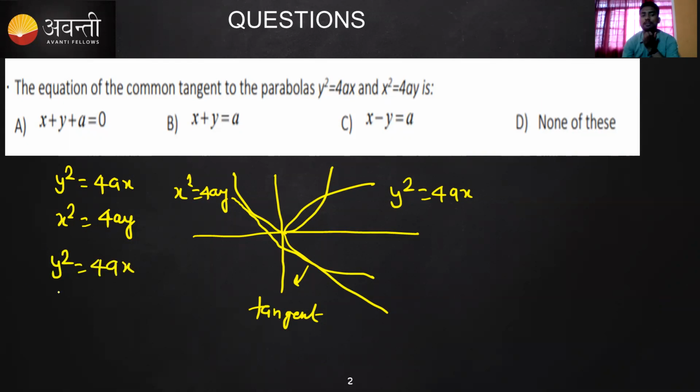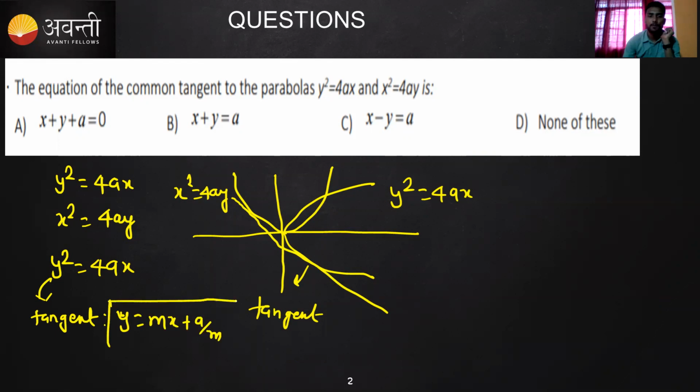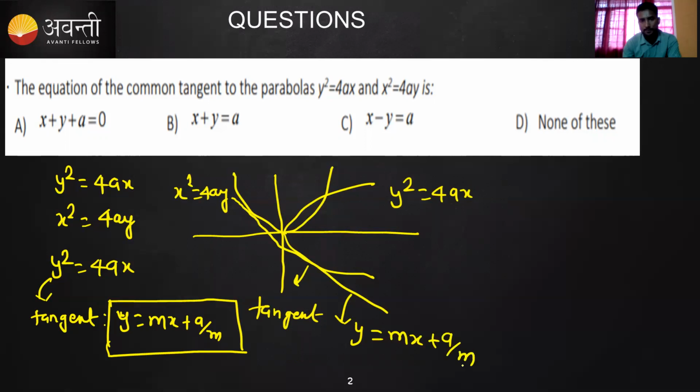You already know in the slope form that the tangent for this is y is equal to mx plus a by m, right? So the equation for this tangent is y is equal to mx plus a by m.